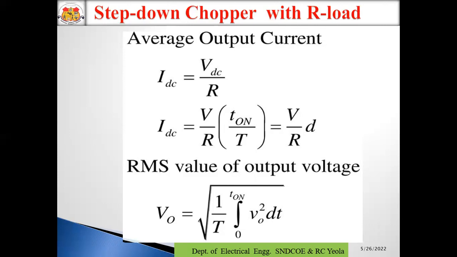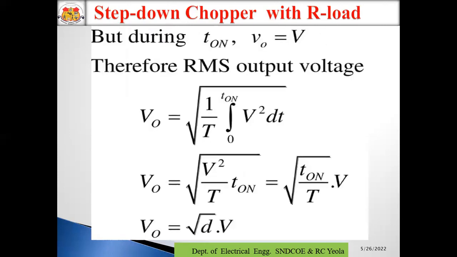Now we will also find out the RMS value of output voltage. For the RMS value, you can see here the formula: V0 is equal to the square root of 1 by T integration of 0 to T on V square dt. We can solve this integration to find the RMS value.